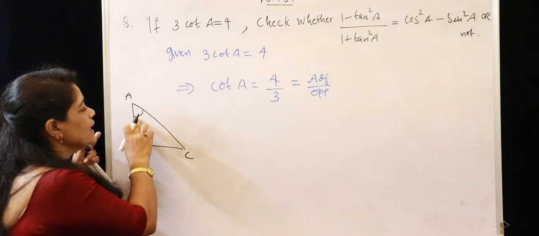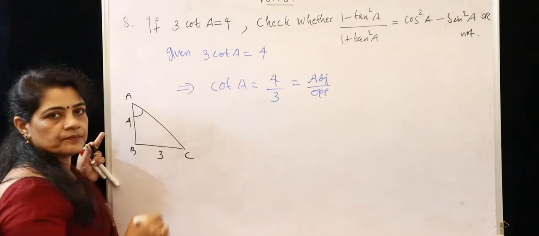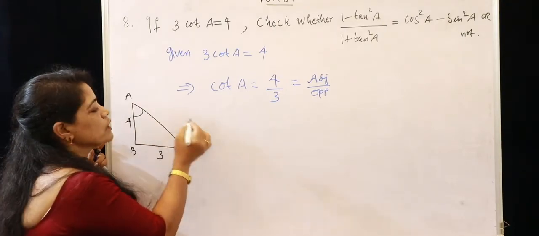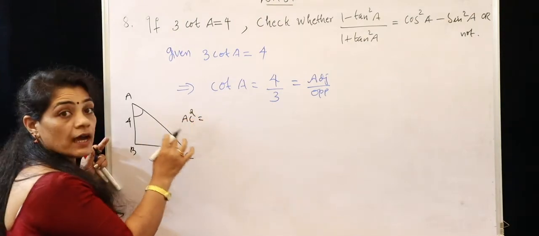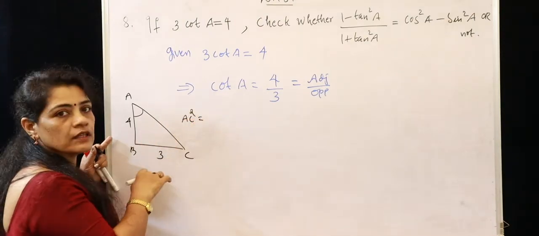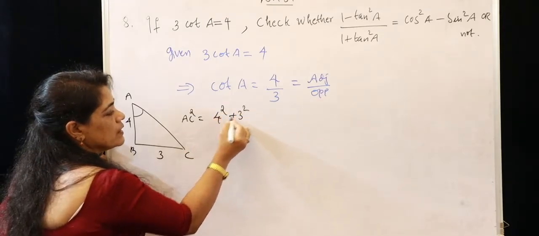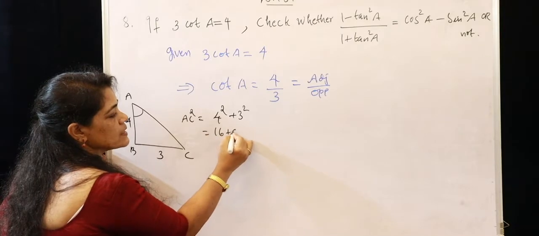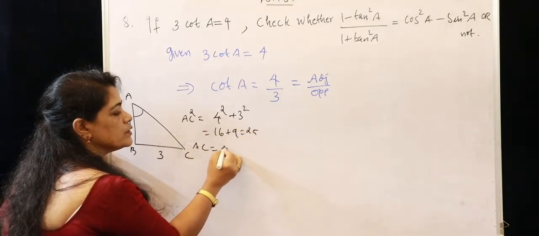So cot A is adjacent 4 and opposite 3. By the Pythagoras theorem, AC square is equal to the hypotenuse, the sum of the squares of the other two sides. That is 4 square plus 3 square, that is 16 plus 9, 25, which implies AC is equal to 5.